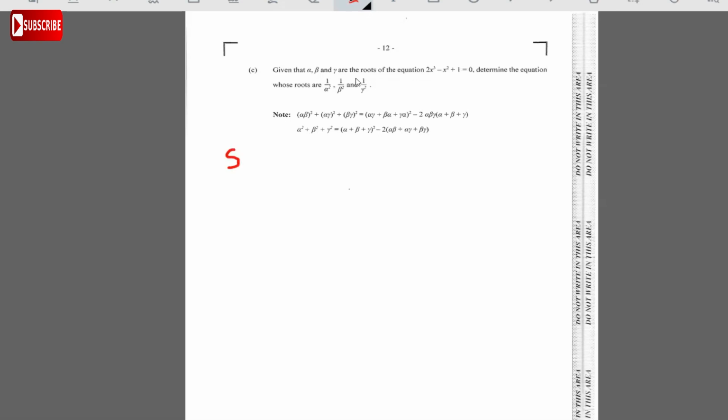These have roots alpha, beta, gamma. So the sum, alpha plus beta plus gamma, is equal to minus b over a, which is minus minus 1 over 2. So the sum is 1 over 2.